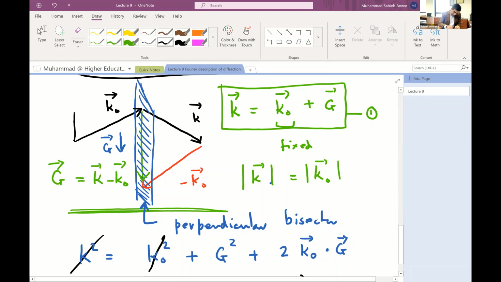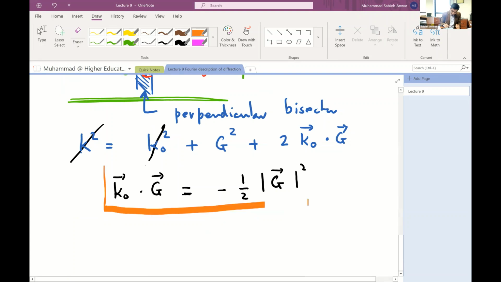So I first draw minus G, which is this particular vector here, and then I draw the projection of K naught on minus G. Then this should be equal to half of the length squared of G, which means that the length that I'm highlighting in orange, which is the projection of K naught on minus G, is equal to half of the square of the length of G, which means that the projection drops onto the bisector of G or minus G. So this is the Bragg's formula, and I think this is such an important formula.